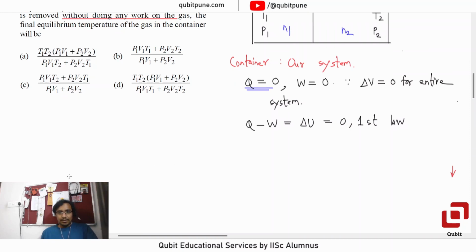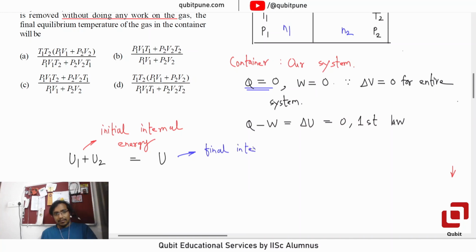So U1 plus U2 is equal to U. U1 plus U2 basically means the initial internal energy of the system, and this is the final internal energy of the system.